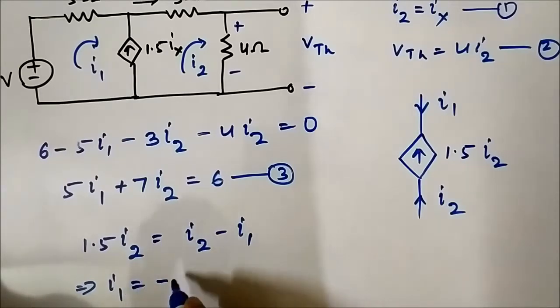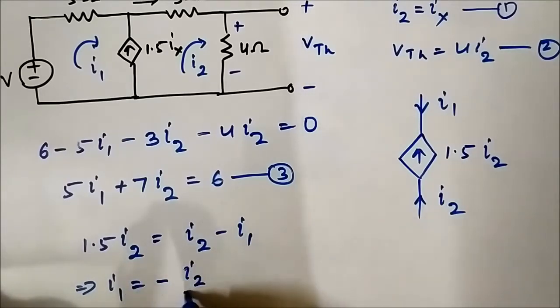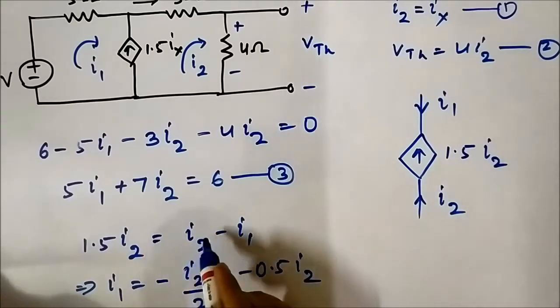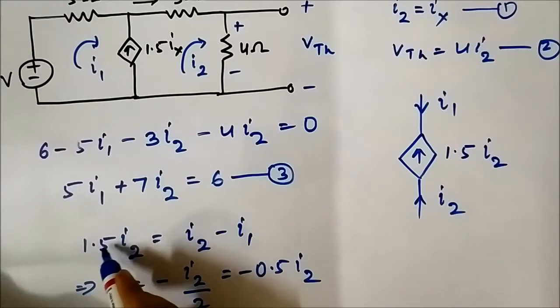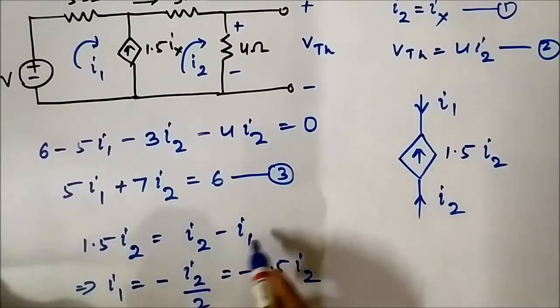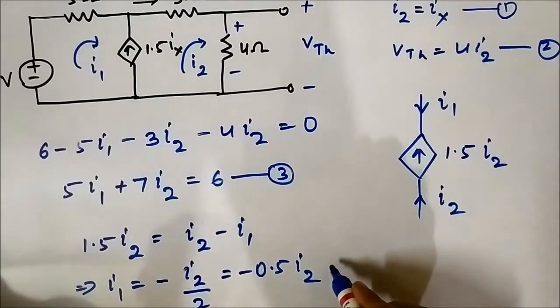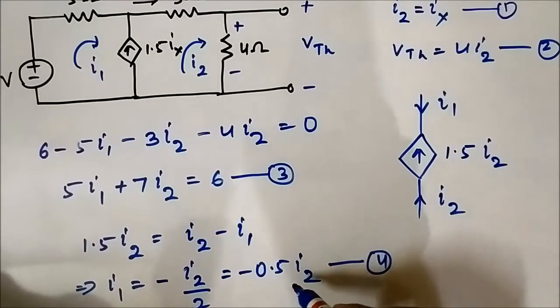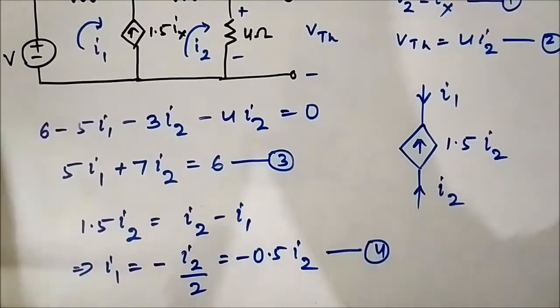If we take I2 towards the left hand side, 1.5 I2 minus I2, which is 0.5 I2, is equal to minus I1, or I1 is equal to minus 0.5 I2. So this is the fourth equation. I1 is equal to minus 0.5 I2.